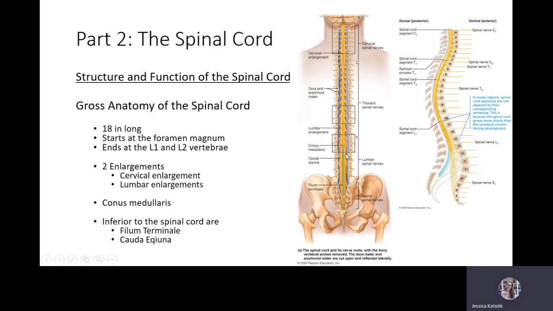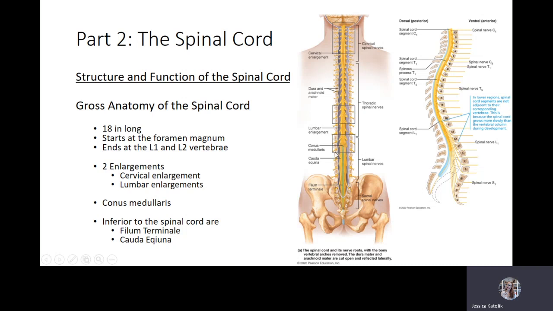Another structure that we can see coming off of the spinal cord is the spinal nerves. For the most part, the spinal nerves will branch off laterally. But because the spinal cord ends at L2, the spinal nerves lower than L2 will have to thread through the vertebral column and then exit at a lower, or inferior, portion of the spinal column.